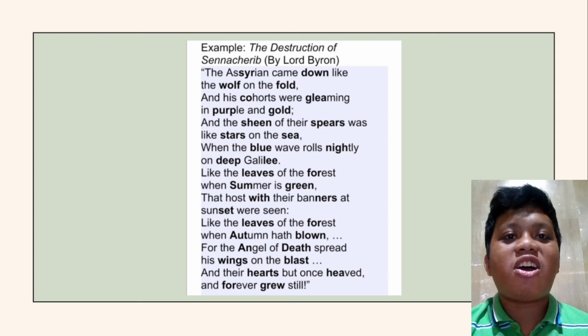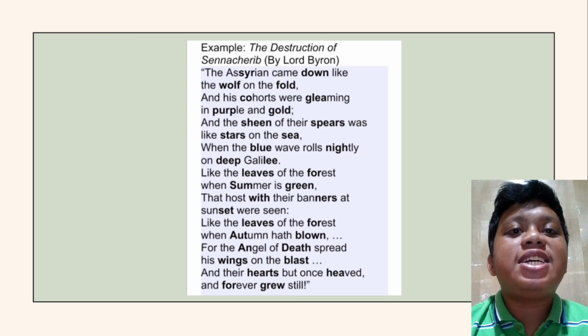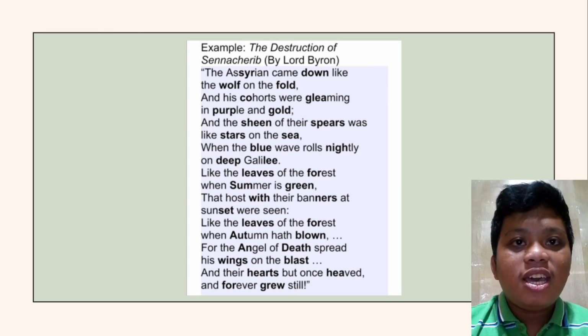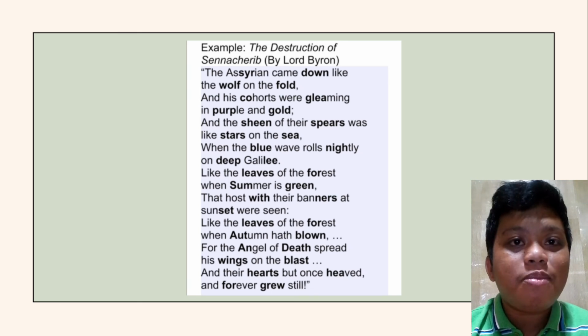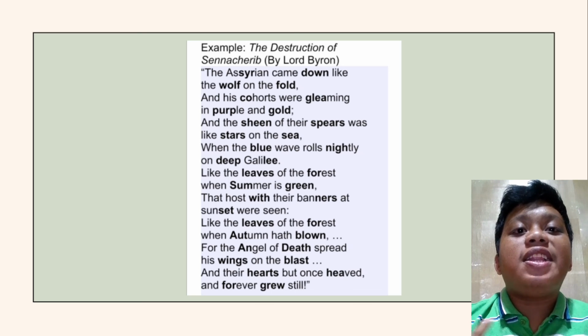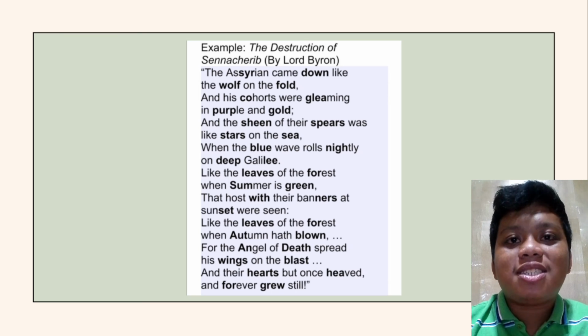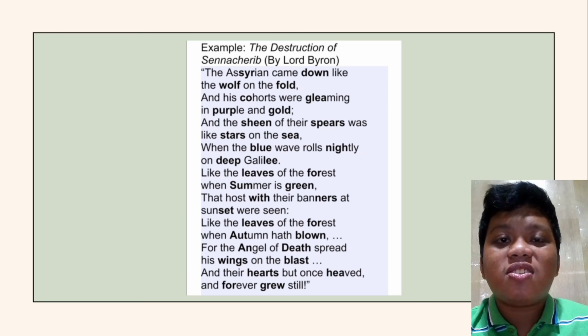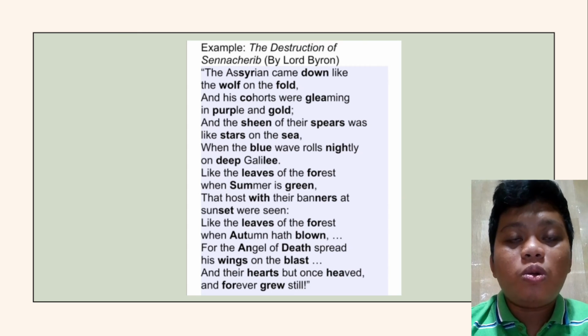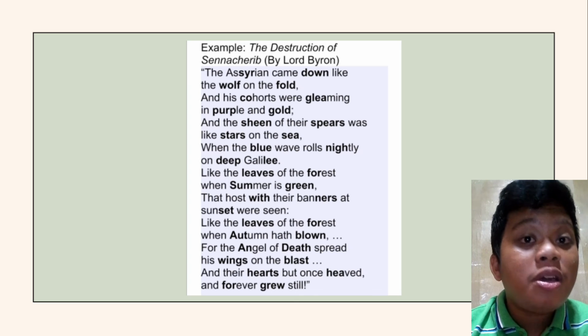The Assyrian came down like the wolf on the fold, and his cohorts were gleaming in purple and gold. And the sheen of their spears was like stars on the sea when the blue wave rolls nightly on deep Galilee.